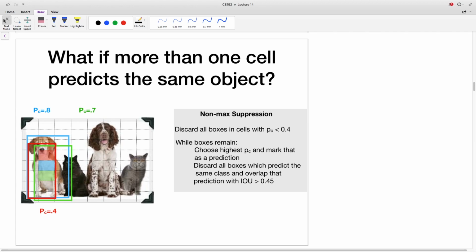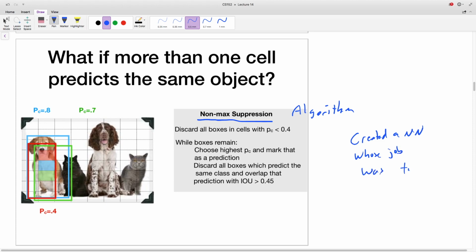Does that make sense? So, non-max suppression is the algorithm that we use to deal with this. And what we provide here is a heuristic. And this is the heuristic that you are going to be implementing for assignment 4. I read a recent paper that was interesting where basically they created a neural net whose job was to do non-max suppression.